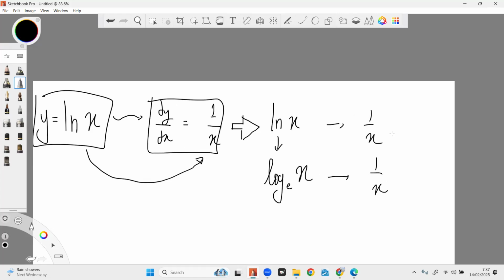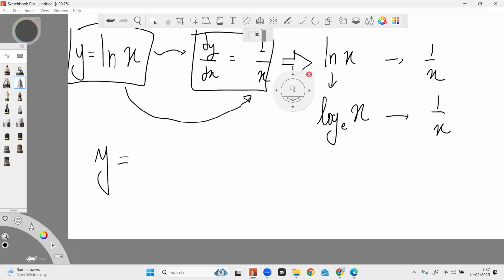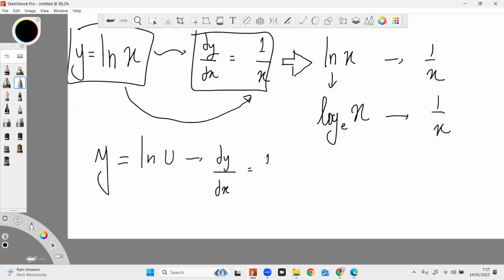Therefore, if you want to take it a bit further, if I have y equals ln of a certain function, ln u, let's say, then dy/dx, or the derivative of ln u, is the same, 1 over u, but don't forget to put the chain rule.